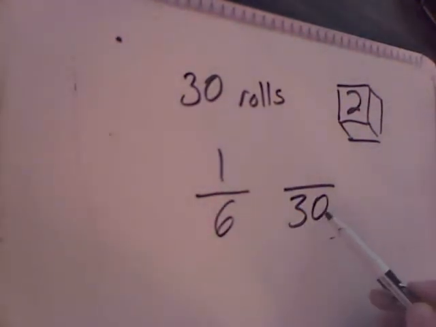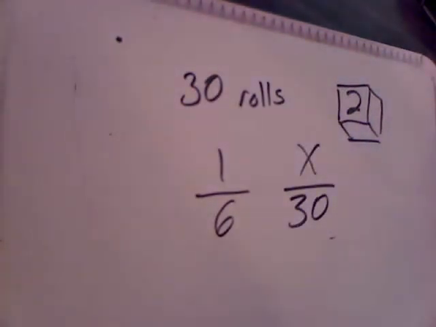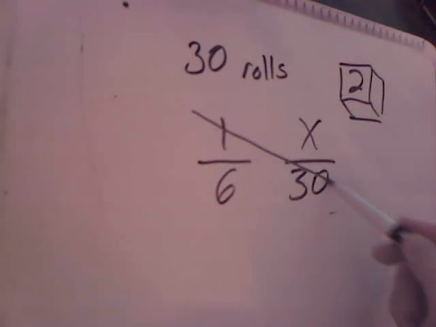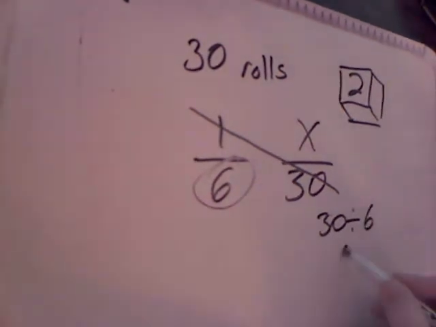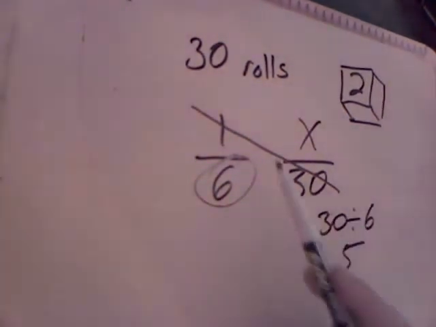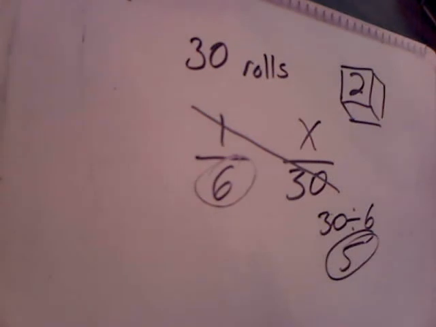This says if we roll 30 times, we'd get a 2, well, we don't know how many times, so let's cross multiply. 30 times 1 is just 30, and then divide by 6. 30 divided by 6 is 5. So if we rolled the number cube 30 times, we could expect to get a 2 5 times.